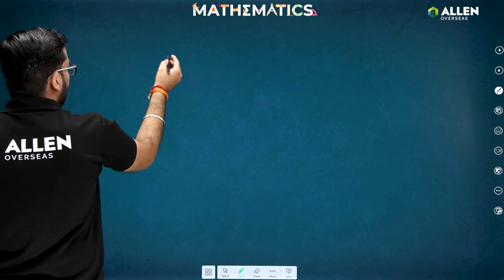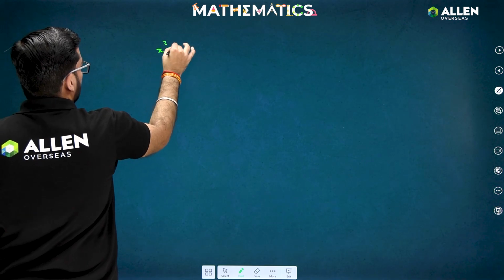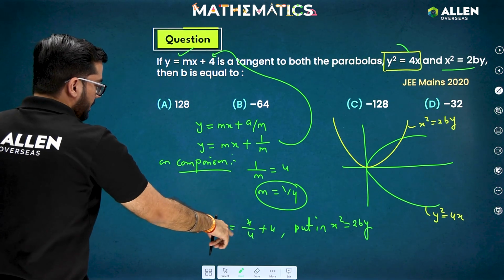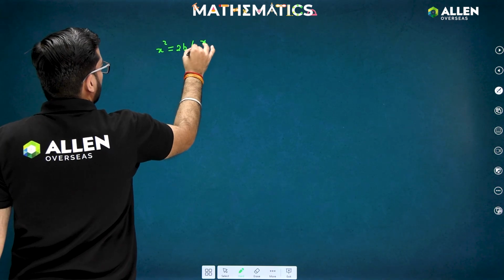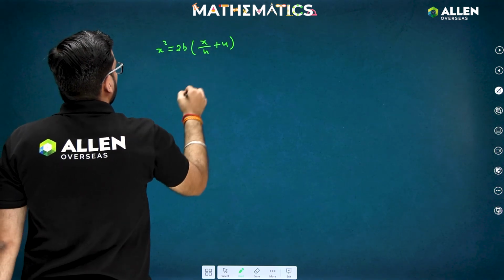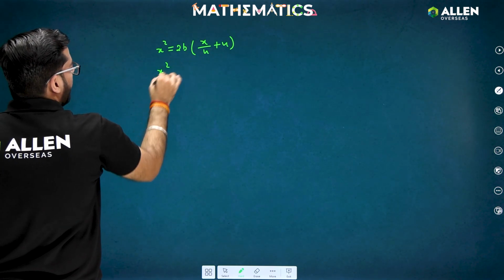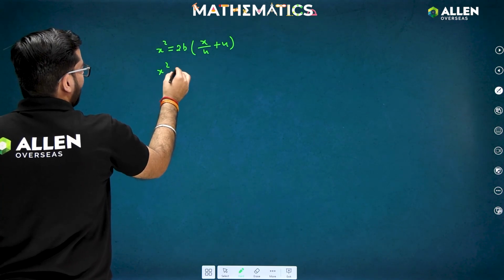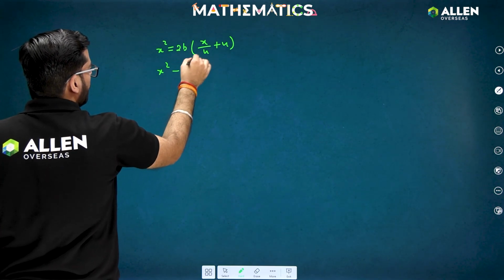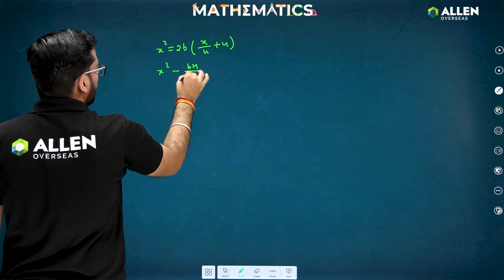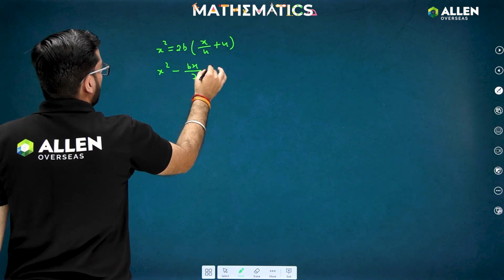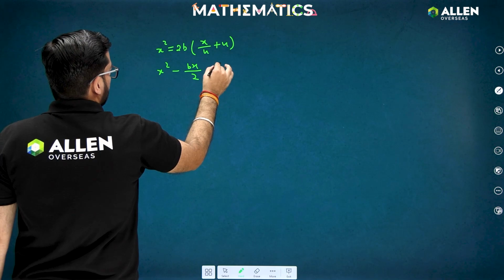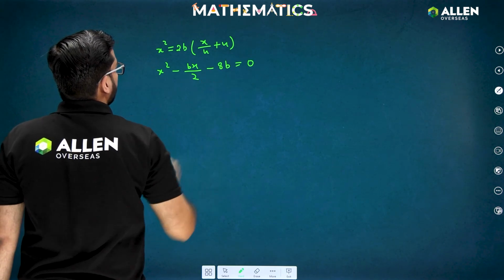Quite easy. x square is equal to 2b, and you can replace y with x upon 4 plus 4. So you will get x square. Now you can write everything in the LHS, then you will get minus 2bx upon 2, the 2s cancel, and minus 8b is equal to 0.